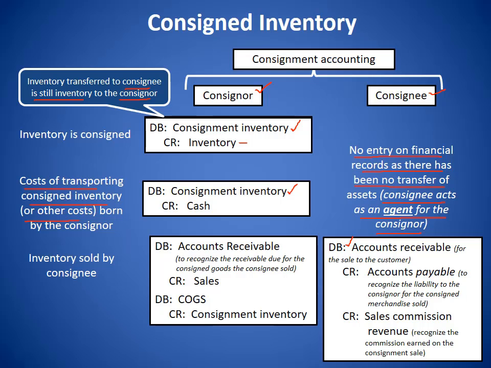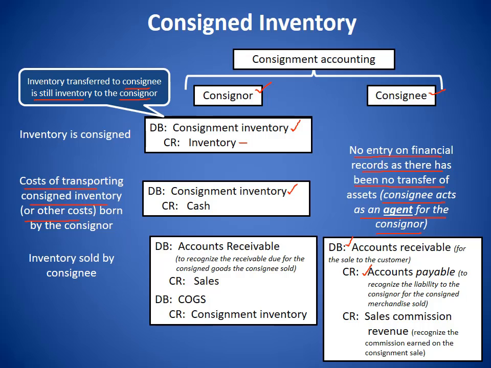We're going to have two credit entries. One entry will be for accounts payable, and that's going to recognize the liability that the consignee now owes to the consignor for the value of the merchandise sold.